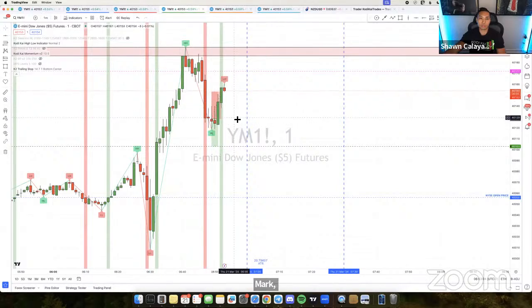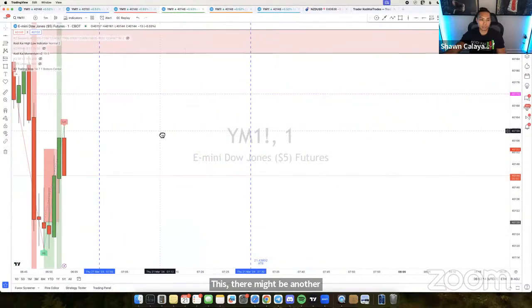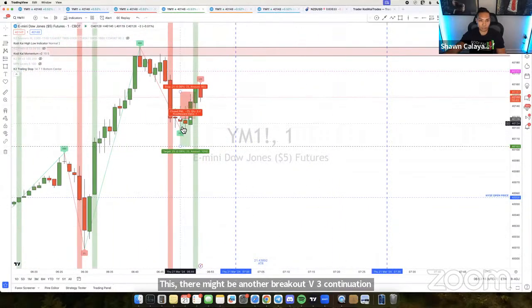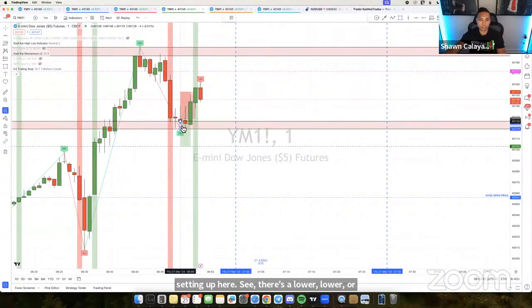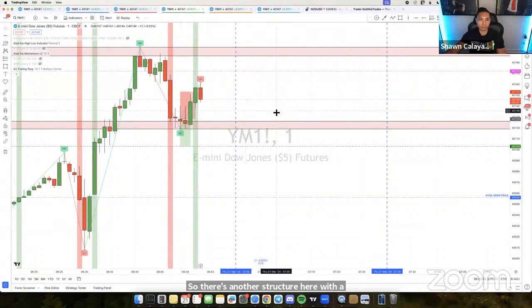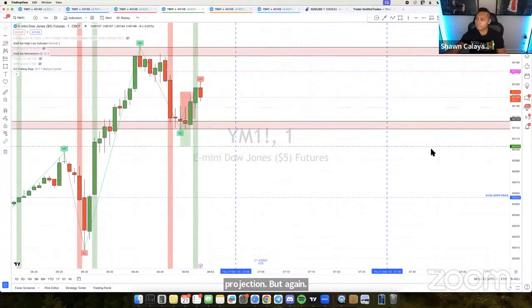It wasn't a move that we were looking for for the most part. This right here, there might be another breakout BB3 continuation setting up. There's not a lower low, there's a high low right here. So there's another structure here with a double wick rejection. But again, nothing else could have happened at this area.